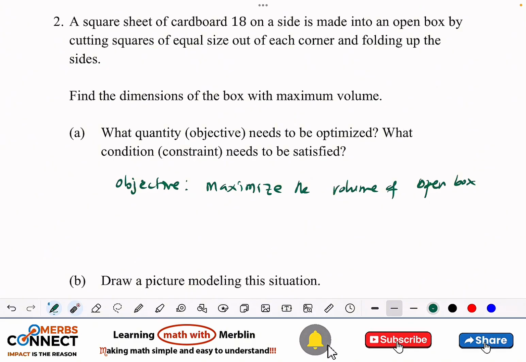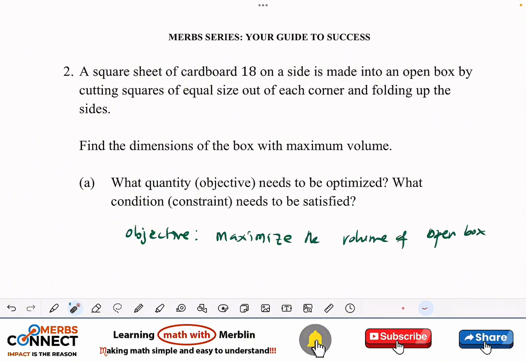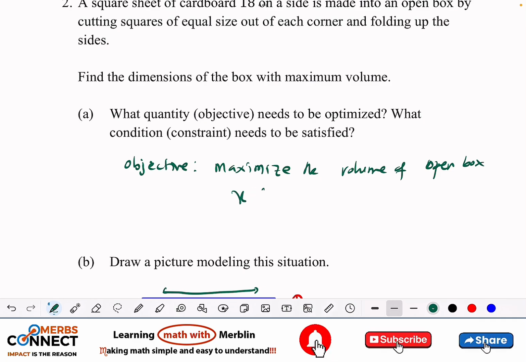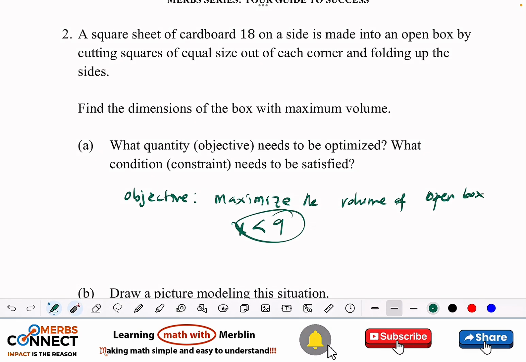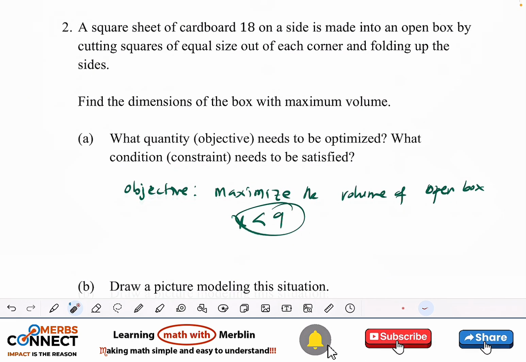We want to find the size of the cutting squares such that the size remains positive. So that will be our constraint. We are making sure that x is never going to be greater than 9, because one of the sides is going to be 9. That is what we get from our constraint.